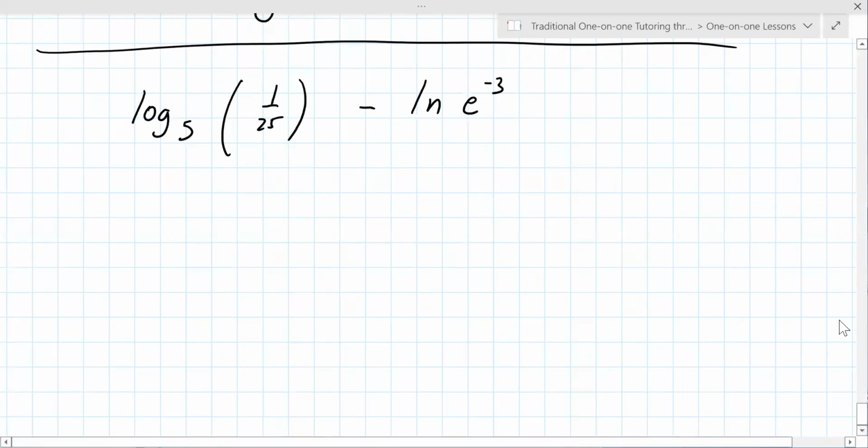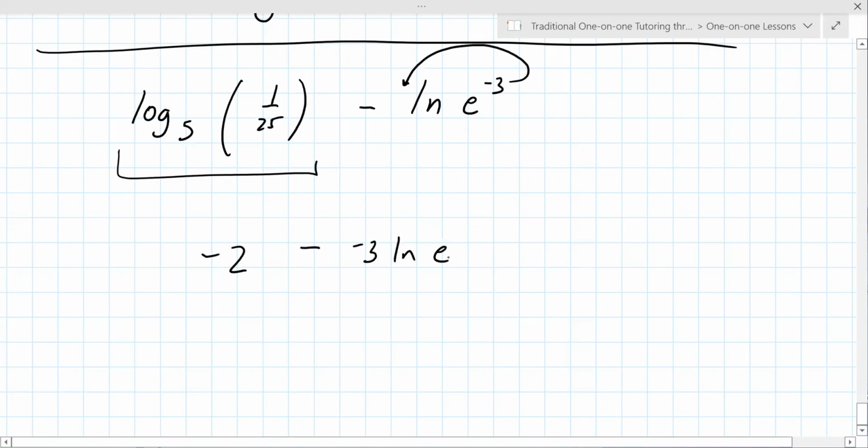Tell me, what did you get for this first one? What does it reduce to? -2. This one's -2 for sure. You bring that negative out in front, right? So it's -3 natural log of e. Two negatives make a positive, so it's -2 plus 3, it's just 1.